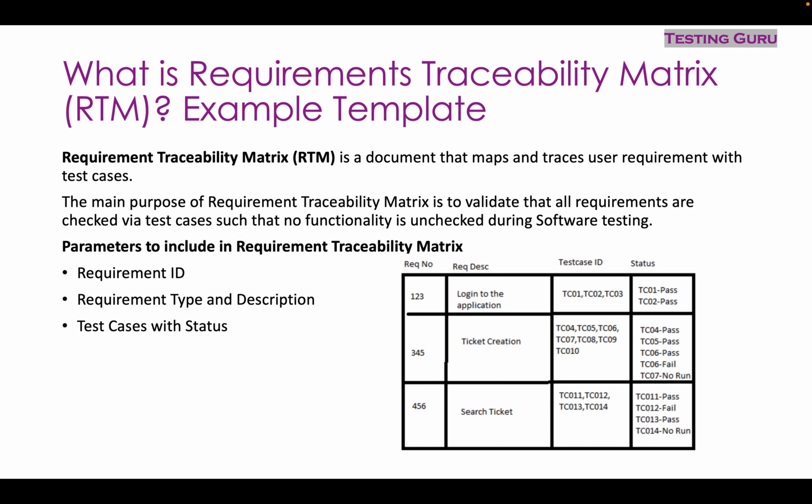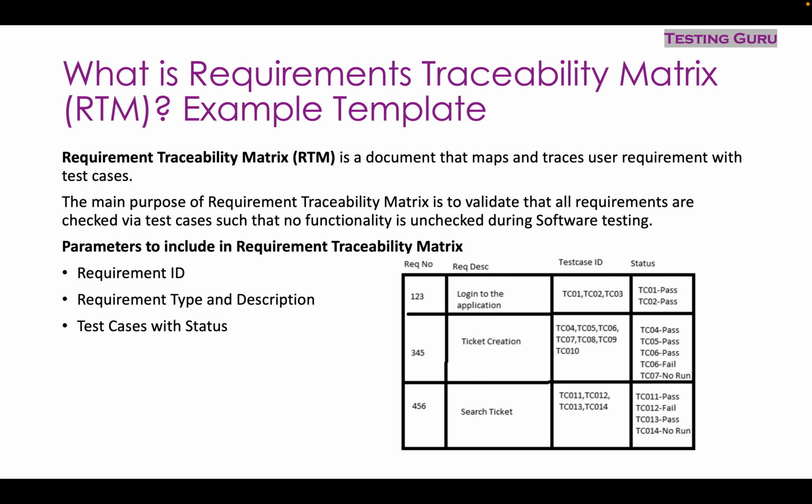So it means that when we map the requirements with the test cases, we will not miss any requirement to validate. There will not be any misses compared to the requirements. That's the reason we should always have a requirement traceability matrix prepared.